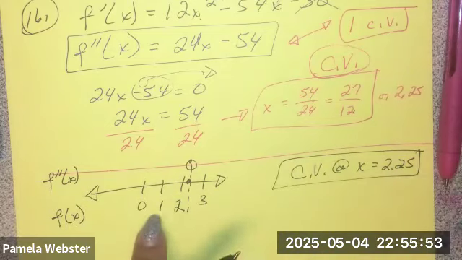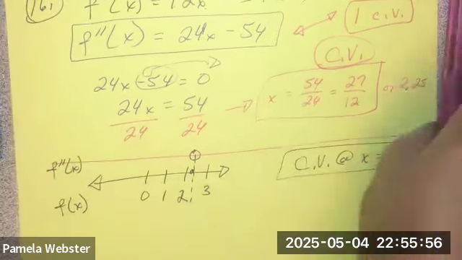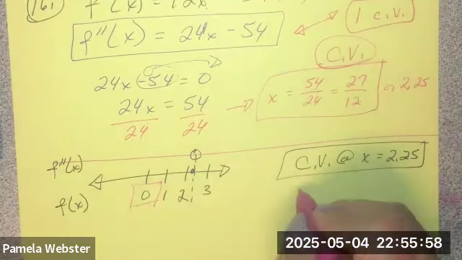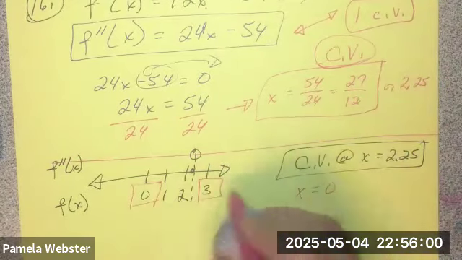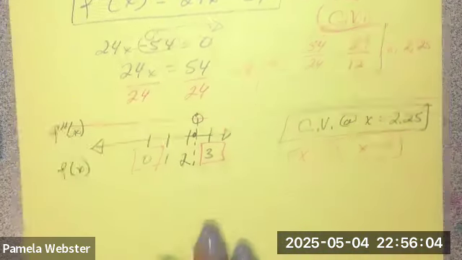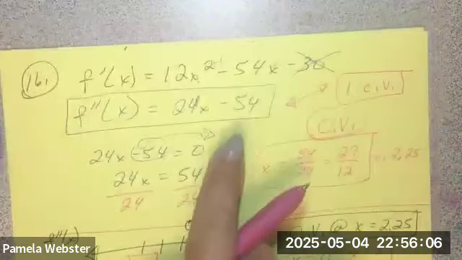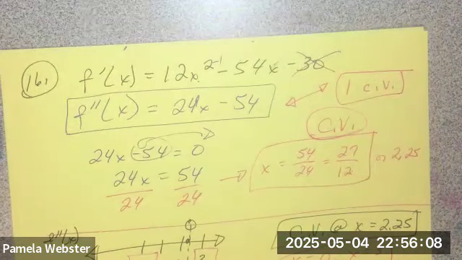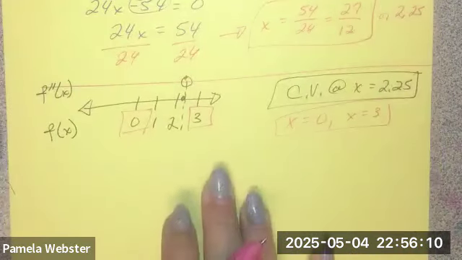Okay. I need to pick test points. I'm going to pick x equals 0 and x equals 3. Okay. And we're going to plug it in. I'm going to come back up here and plug into this guy, f double prime of x.